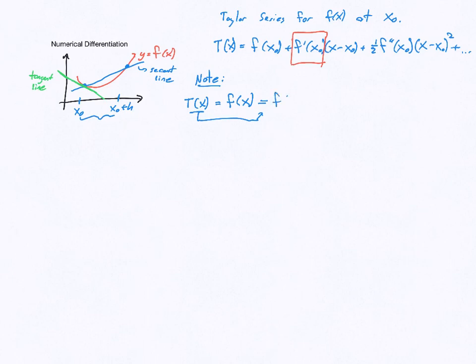So that's going to be f of x naught plus f prime of x naught times x minus x naught plus 1/2 f double prime psi times x minus x naught squared. Nice. And keep your eye on the prize. This is exactly what we want.